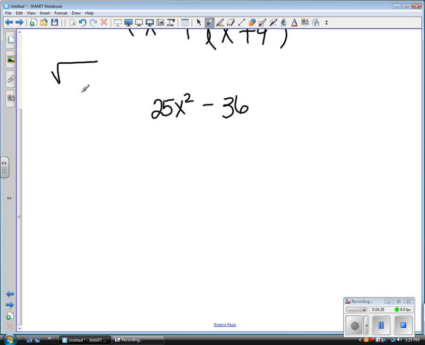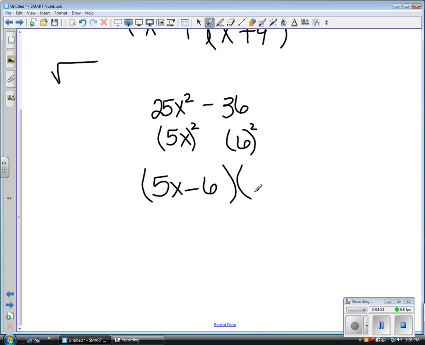What number times itself will give you 25x squared? What number? 5x and then 6, correct? So now my two terms are going to look like what? There's your difference of squares.